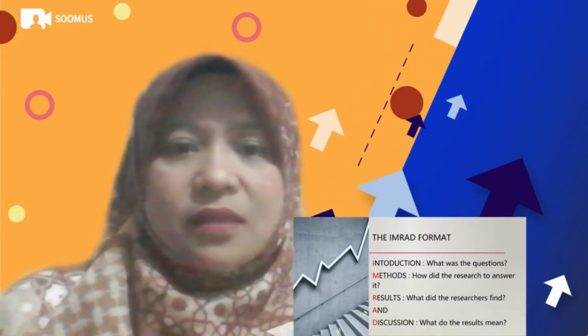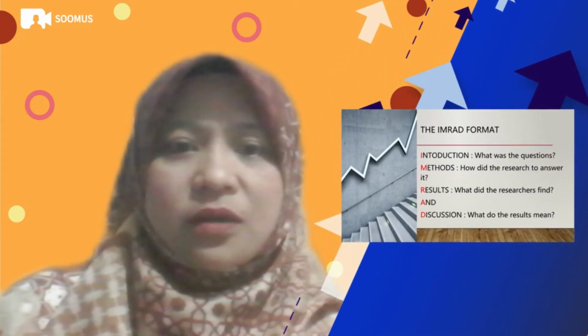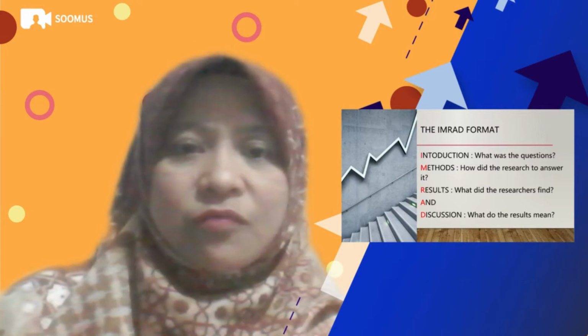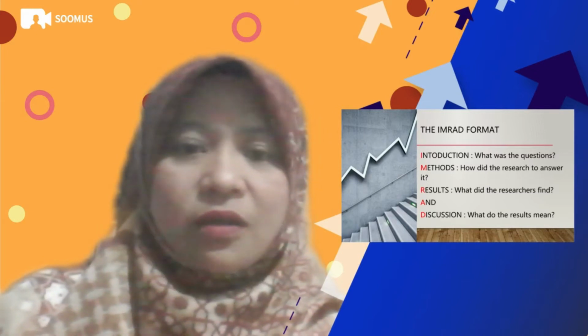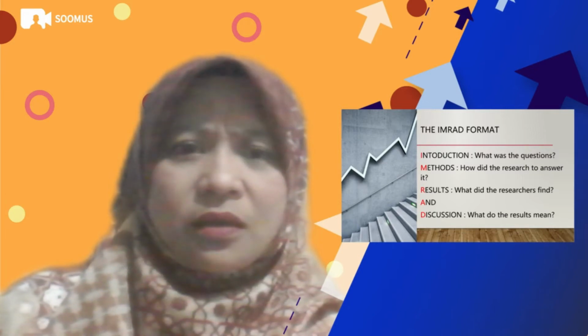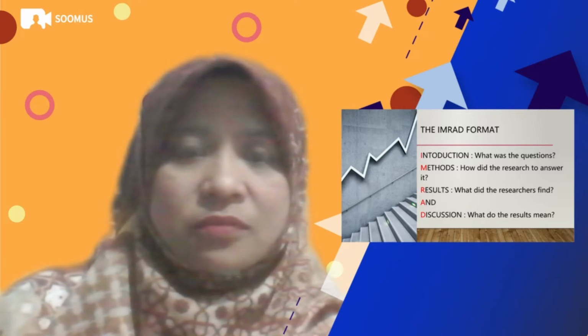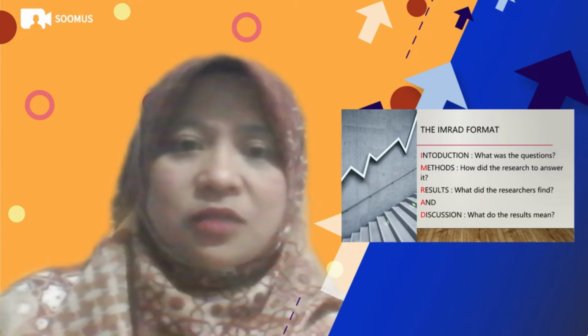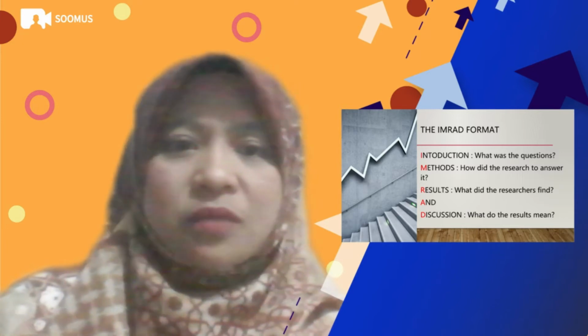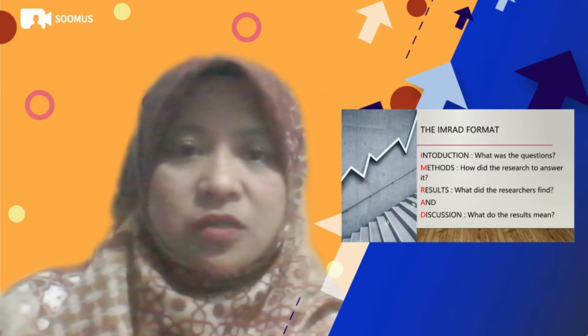Next, let's see what the IMRAD format is. What is the IMRAD format itself? IMRAD consists of 5 letters. I for introduction. In this part, we will find what the question of the research was.